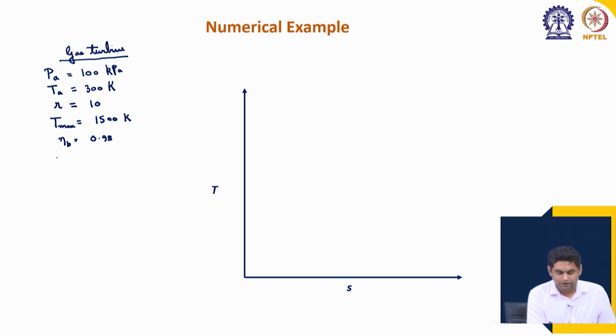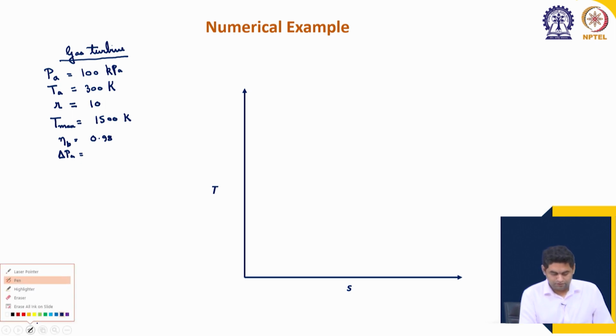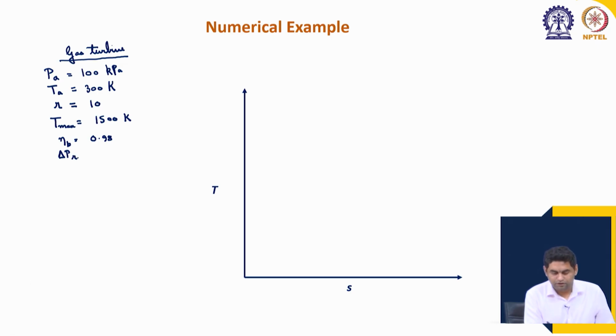Then there is regenerator pressure loss. On the air side we have 2%. So, this we can write as delta P regen A, to be more accurate. Okay. So, delta P regen A, this is 2% of compressor delivery pressure. Okay.